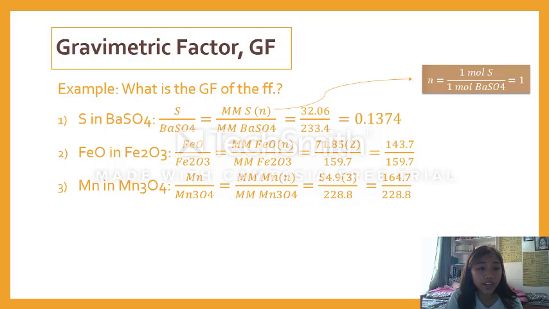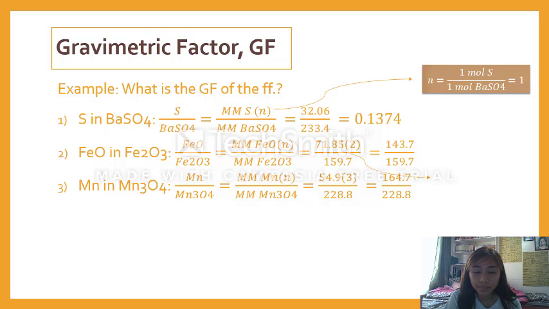Okay? So another example is FeO in Fe2O3. Let's get the ratio. FeO, iron oxide over iron oxide. The iron oxide on top is 2 plus, and the one at the bottom is 3 plus. It is equal to the molar mass of FeO times N over the molar mass of Fe2O3.